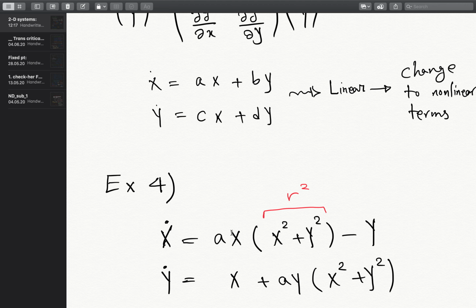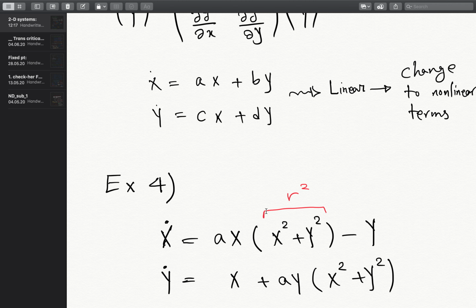Like here, for instance, we have an example. x dot is equal to ax, this ax, times another thing like x squared plus y squared, and so on. And you can also have this y dot as well.